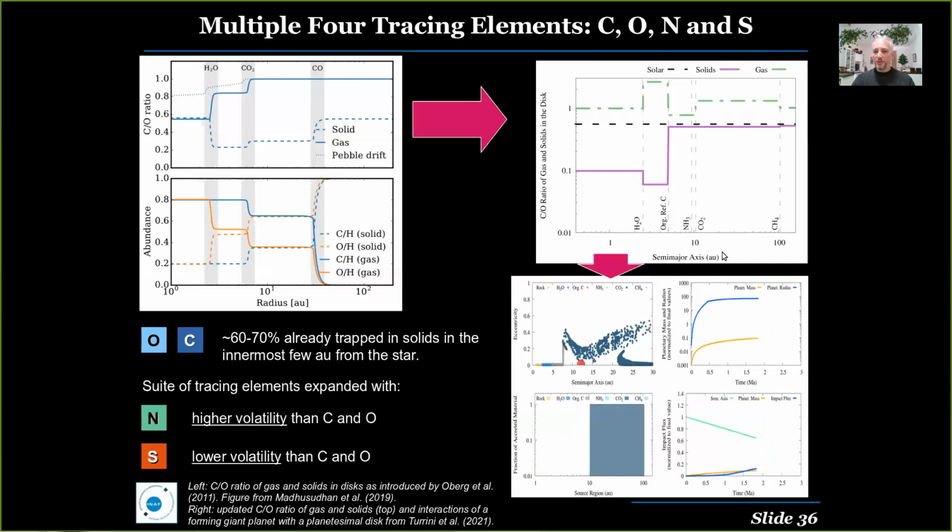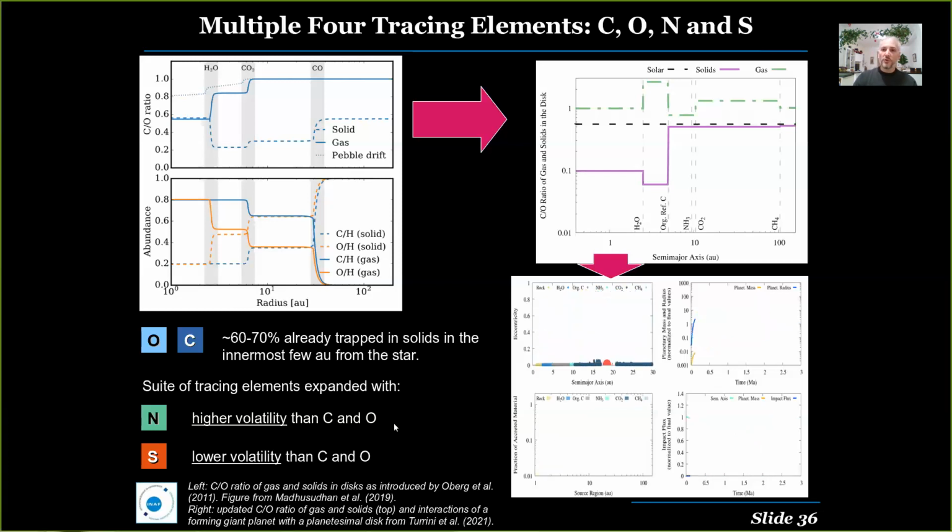An example that I will use to illustrate how we can do this, coming from a recent work that we did in the framework of the Ariel mission, uses nitrogen and sulfur as two additional elements. Nitrogen, because it is characterized by a higher volatility than carbon and oxygen.